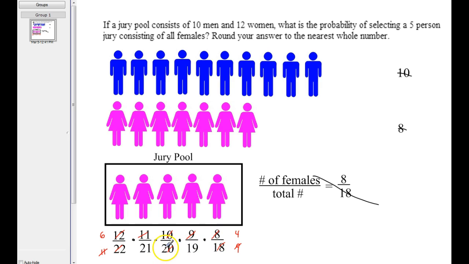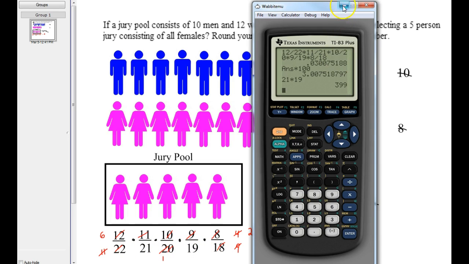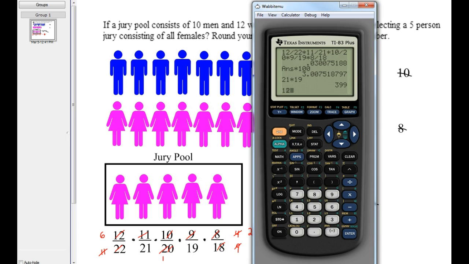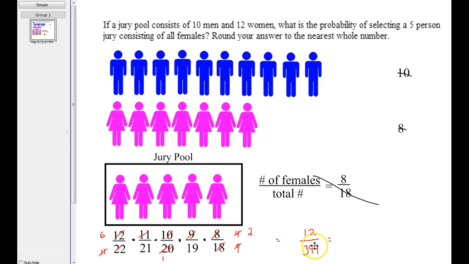And this 2 goes into 4 2 times. Then we have 6 times 2 on the top, which is 12, and on the bottom 21 times 19, which is 399. You can type that in your calculator: 12 divided by 399, and there's the 0.03, the same number, just as a reduced fraction for the probability.